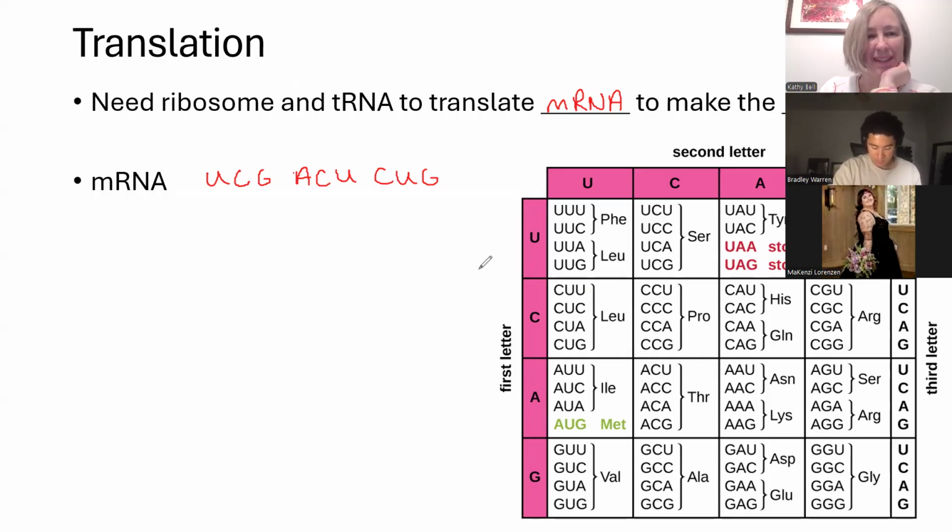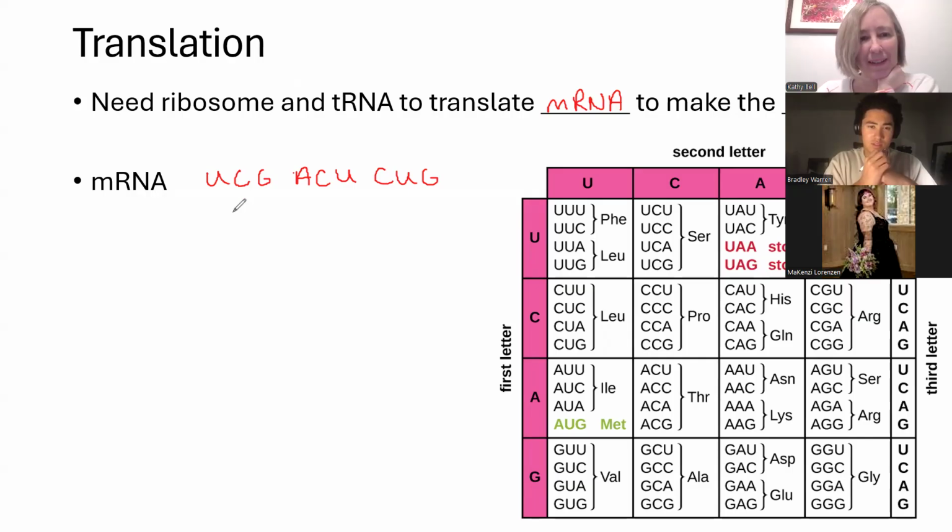Okay, so let's fill in our amino acids here from our table. So here's our first codon. What amino acid are we going to put in first? Serine.